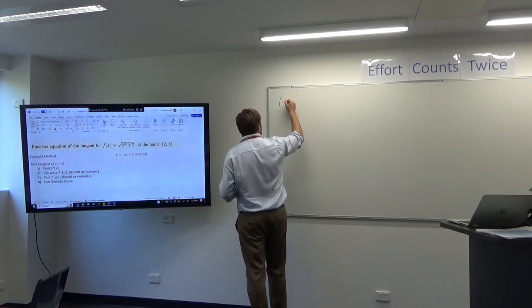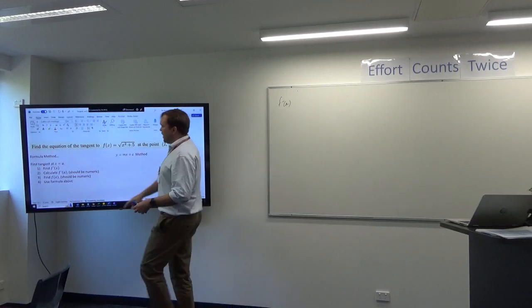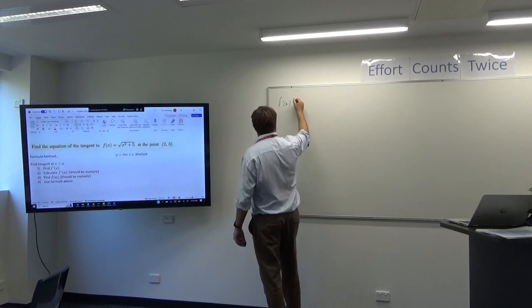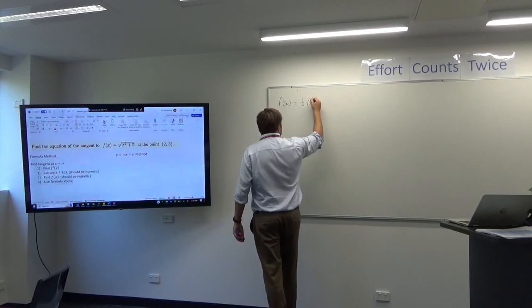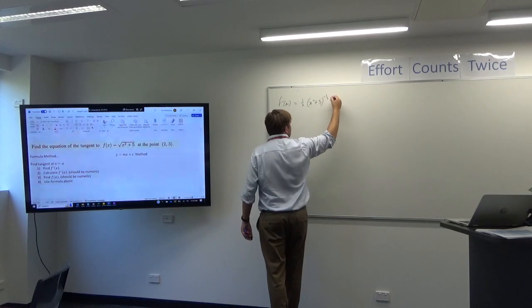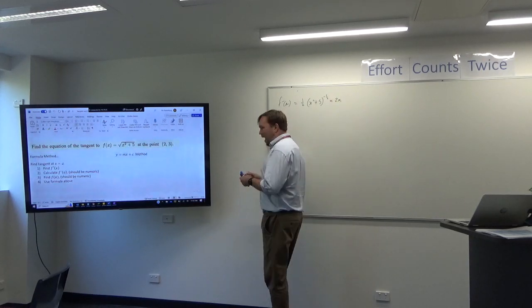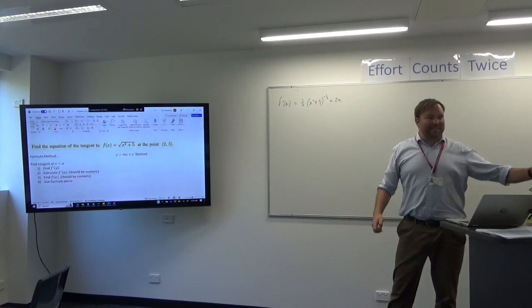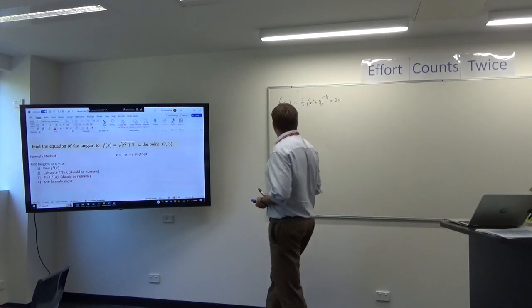A good place to start is f dash x. So if you want f dash x, in this case here, f dash x is going to be a half x squared plus 5 to the minus a half times 2x. And as with Mathcar, we know that if we make it look a little tidier, it helps us out as we go along.